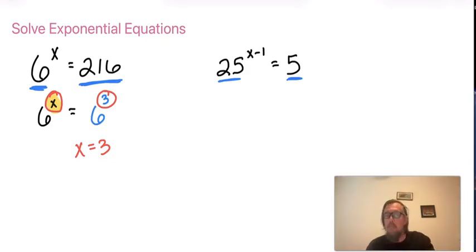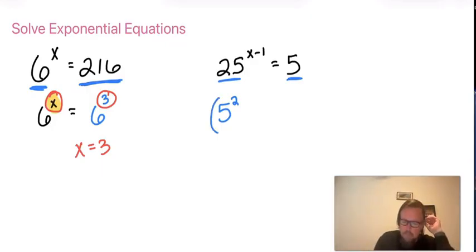And because we've memorized our squares all the way up to 25 squared equals 625, we know that 25 is the same thing as 5 squared. 5 squared is 25. But we have to be careful here because this 25 was raised to the power of x minus 1. So this is 25 to the x minus 1 power, and it equals 5.